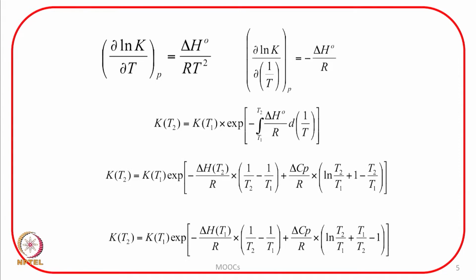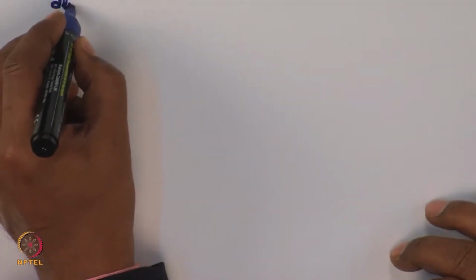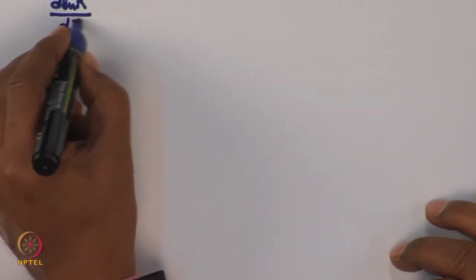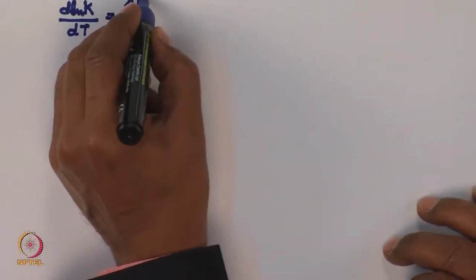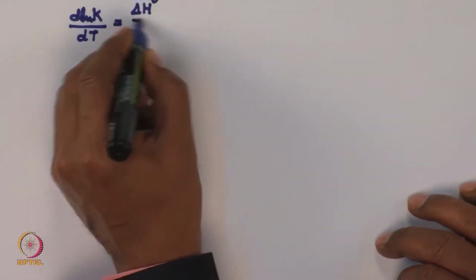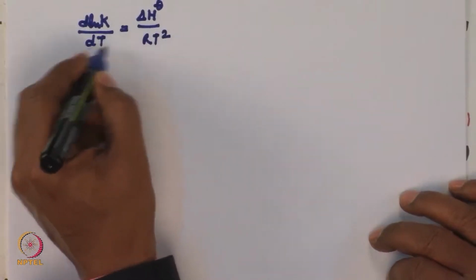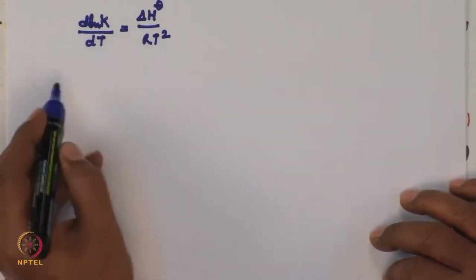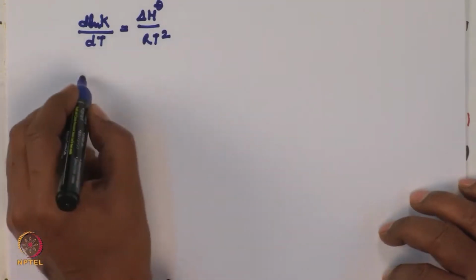Let us start with the Van 't Hoff equation, which is d log K by dT, at constant pressure, equal to delta H naught by RT square. Actually it is a partial derivative at constant pressure, but for the sake of integration I am just writing d log K by dT as delta H naught by RT square.